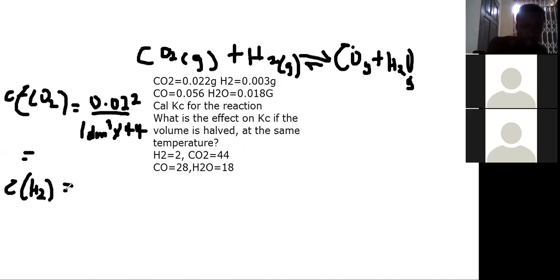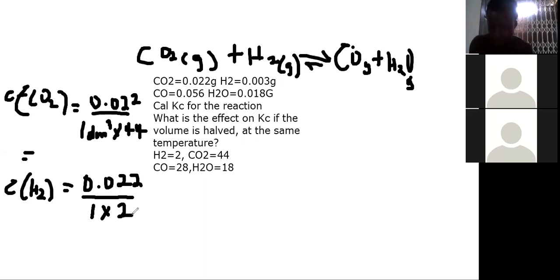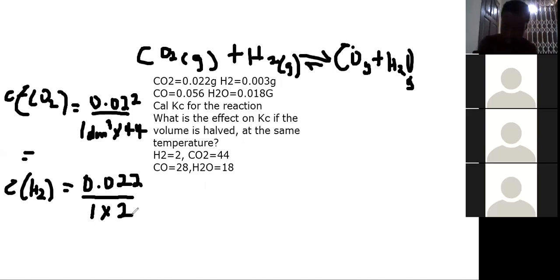Now we come and find that of H2. H2 will be 0.003 all over one times 2, since H2 is 2.